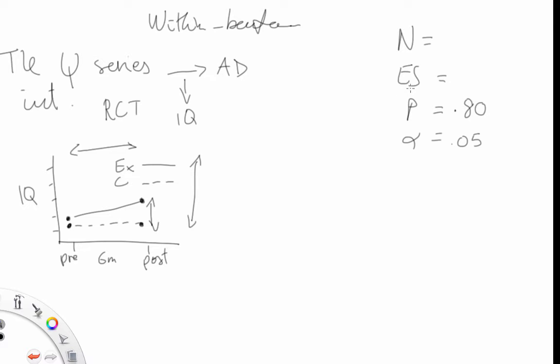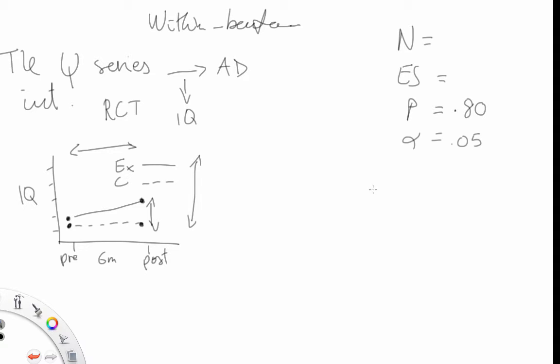So one way to think about it that could help us determine what kind of effect size to input is to think about it in terms of clinical relevance.